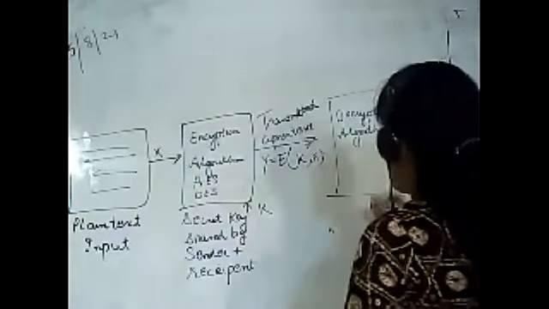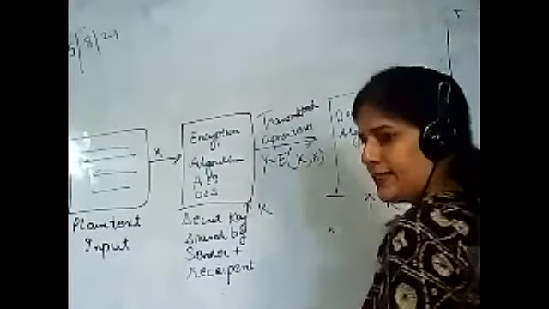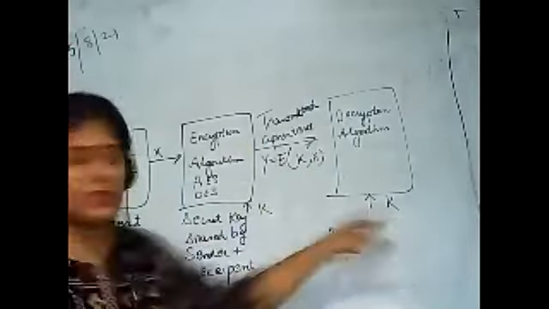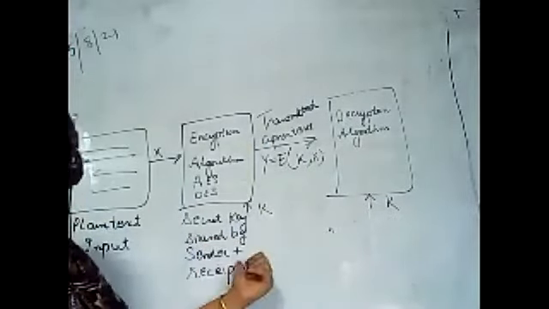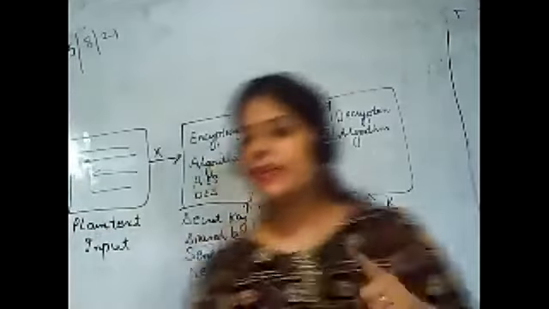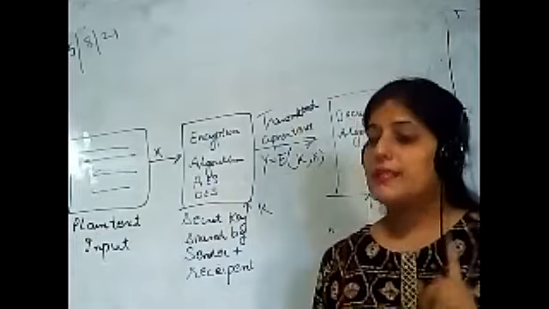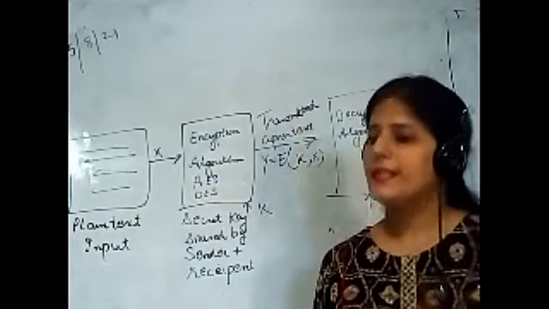In this decryption part, again we will use that particular key, K. Where will it get the value of K? That is being shared by the sender. Your sender is sharing the same key with you. That is a secret.